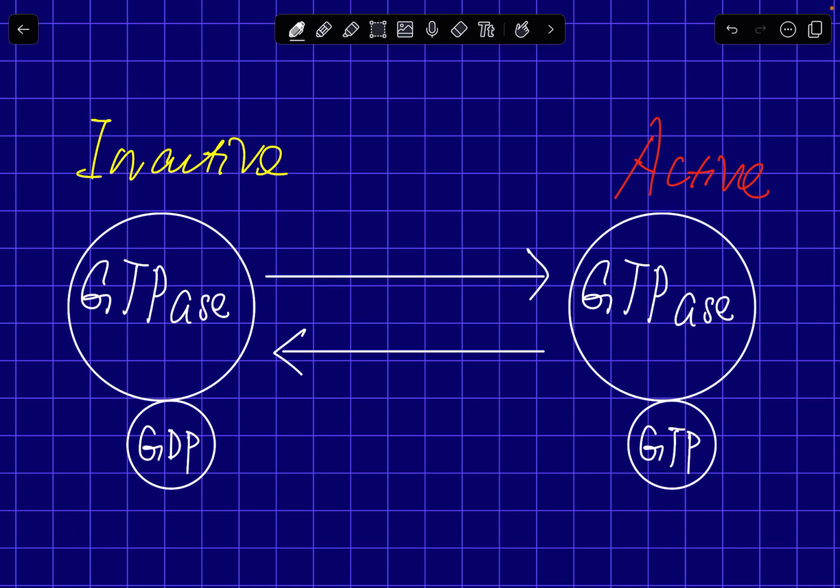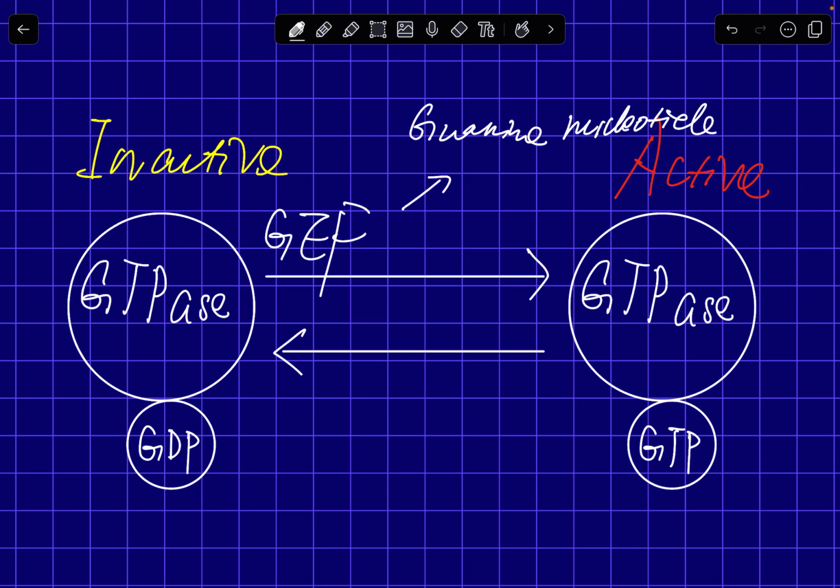One is called GEF, and another is called GAP. Okay, so to go from inactive to active, what do we use? We use GEF. What does GEF stand for? GEF stands for guanine nucleotide exchange factor.